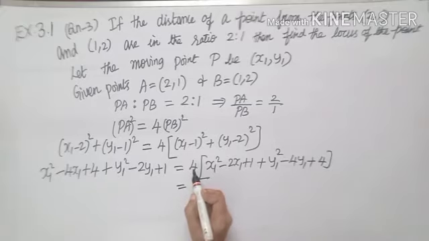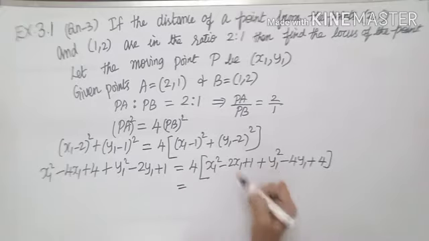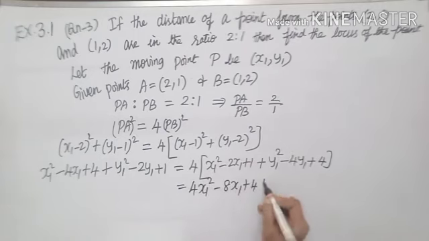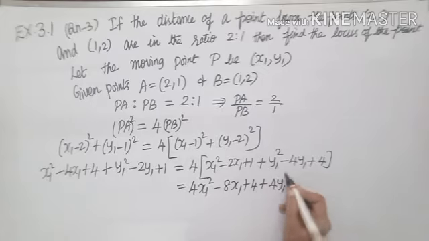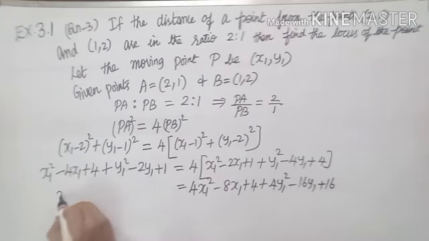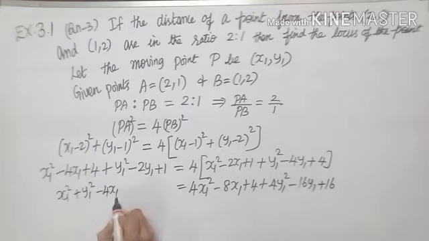There is a 4 here. Multiply every term: 4x1 square, minus 8x1, plus 4, 4y1 square, minus 16y1, plus 16. Here I have x1 square, y1 square, minus 4x1, minus 2y1, 4 plus 1 is 5.